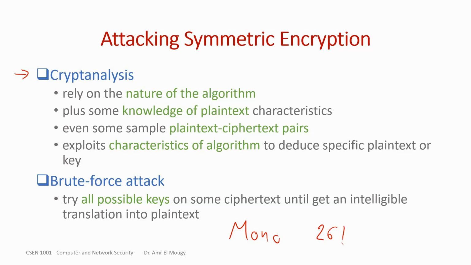For example, if we go again to the monoalphabetic cipher, we know that even though the key space is very large, the algorithm is vulnerable to a specific type of cryptanalysis attack, which is called frequency analysis, basically counting the letters. And so the cryptanalysis attack is the one that modern attackers try to execute.